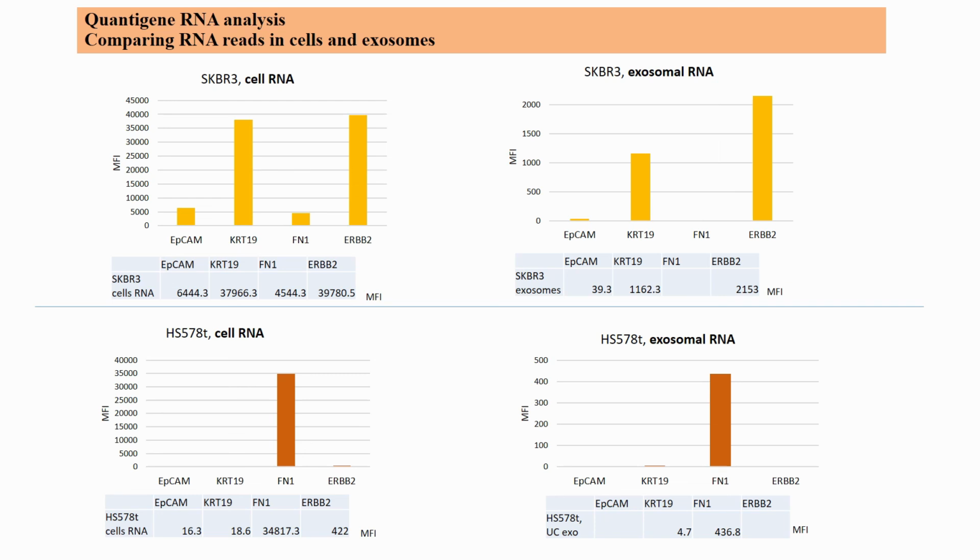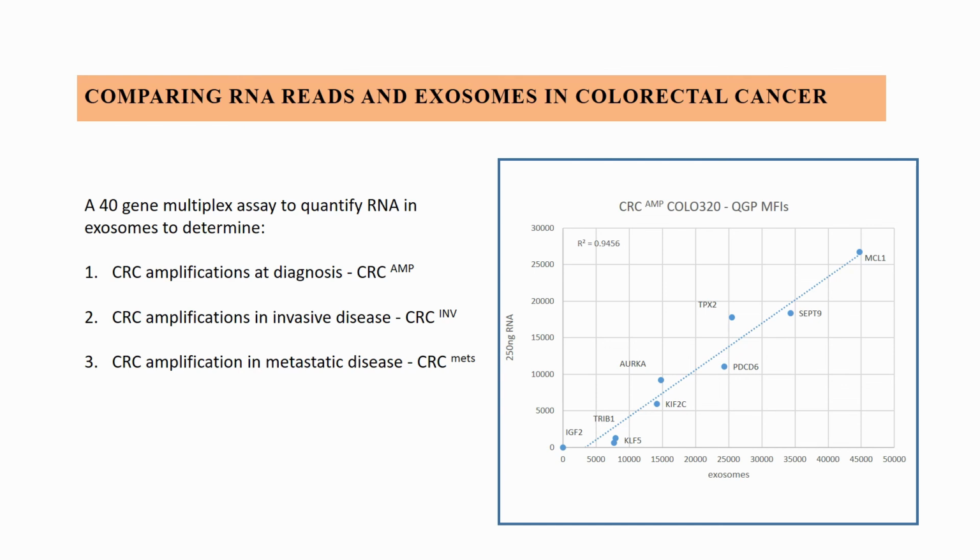And when you compare 40 different genes in a multiplex fashion, here we have identified and created panels which we call CRC AMP for amplifications and diagnosis, CRC invasion, which are important gene amplifications involved in invasion, and CRC METs, which are in metastatic disease.